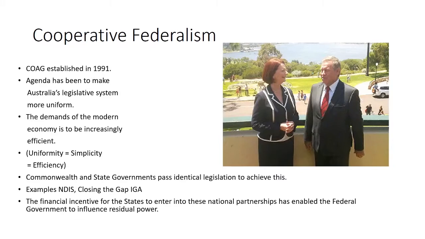Well, the answer is basically money. States need money, the federal government has lots of money, and so they, perhaps somewhat unwillingly, will agree to these cooperative arrangements. So that leads us to the next question: why do the states need money so much?